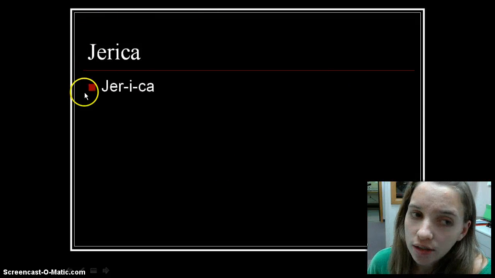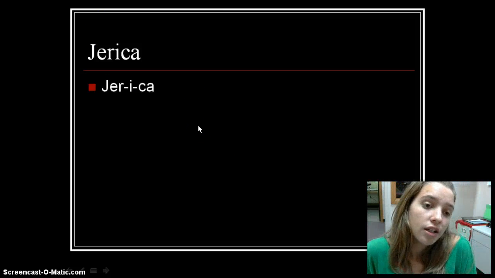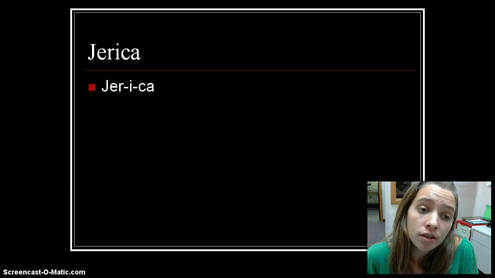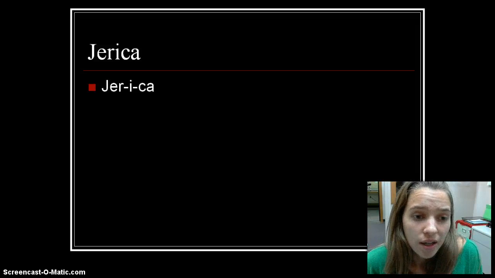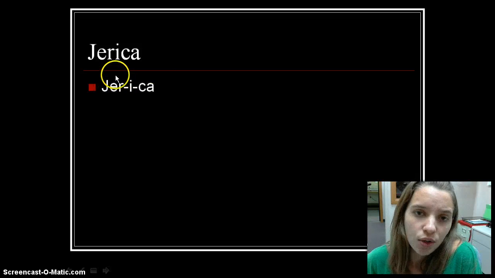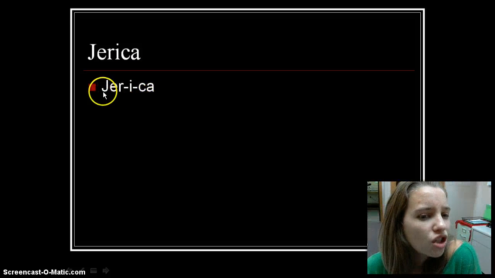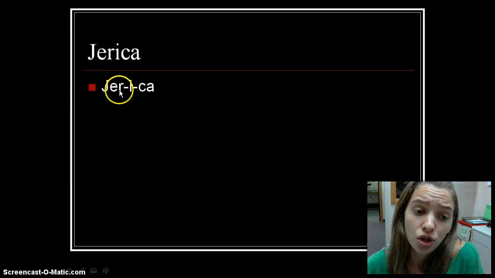Here we have Jerica. Not many different ways you can come up with saying this, but you could say Jerica or Jerica, but her name is Jerica. So some people are tempted to use the letters already in the word and break it down like this. They would go Jerica. Well, that's not Jerica because J-E-R by itself is jer.